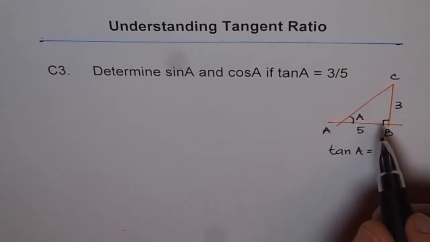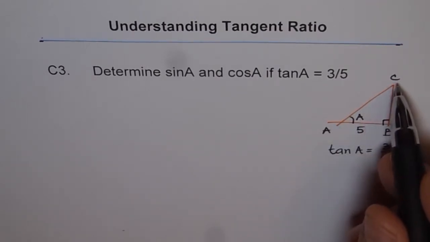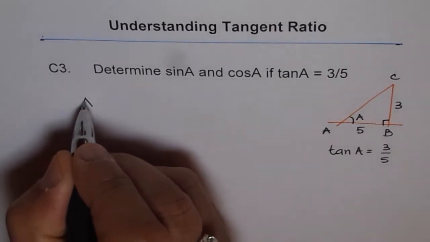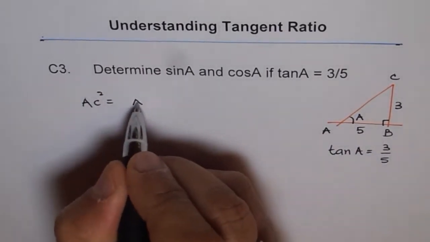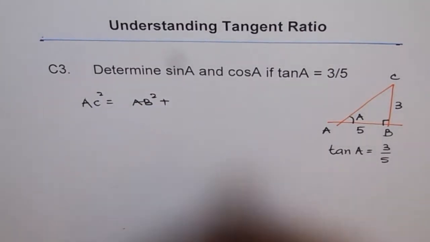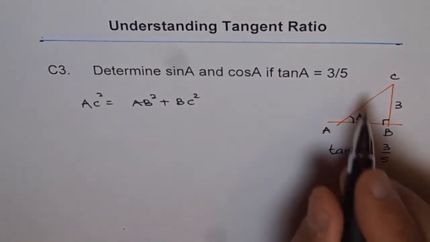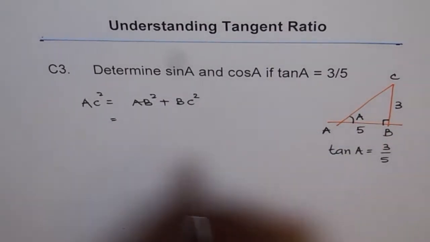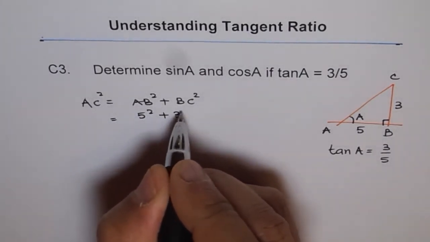Now, in this right triangle, we can always find what AC is equal to, right? So we know from the Pythagorean theorem that AC square should be equal to AB square plus BC square, right? So AC square is equal to 5 square plus 3 square.